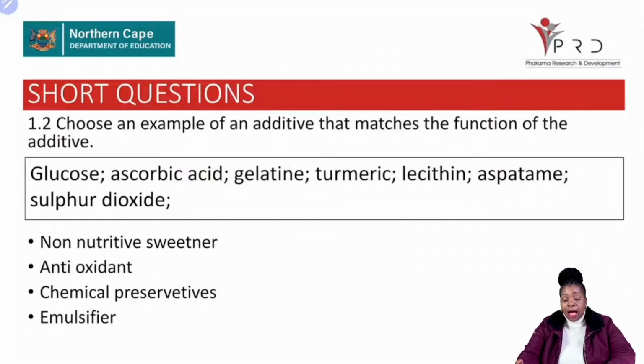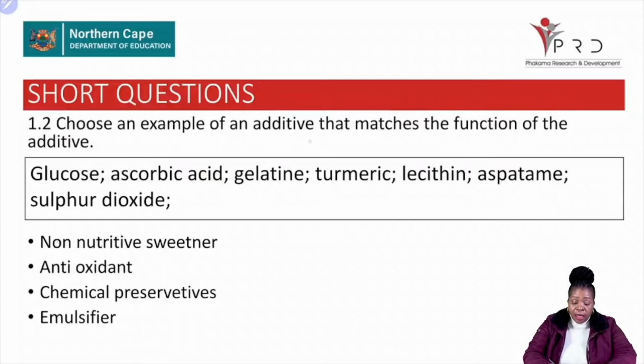So these are food additives, or the things that are added to food to improve their flavor, their taste, their texture, and also improve the color of the food. We are supposed to choose one additive that matches the function below.